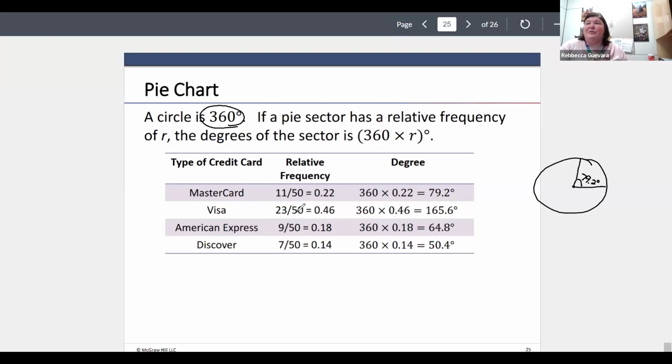If we do the Visa, Visa had a relative frequency of 0.46. If I take 360 times 0.46, I get 165.6.